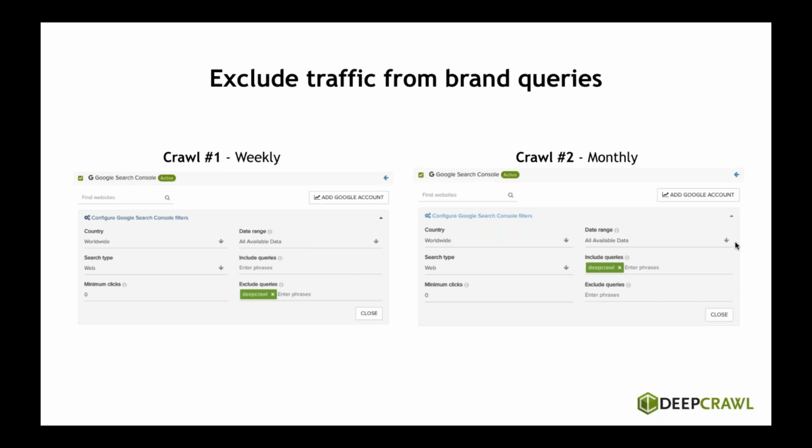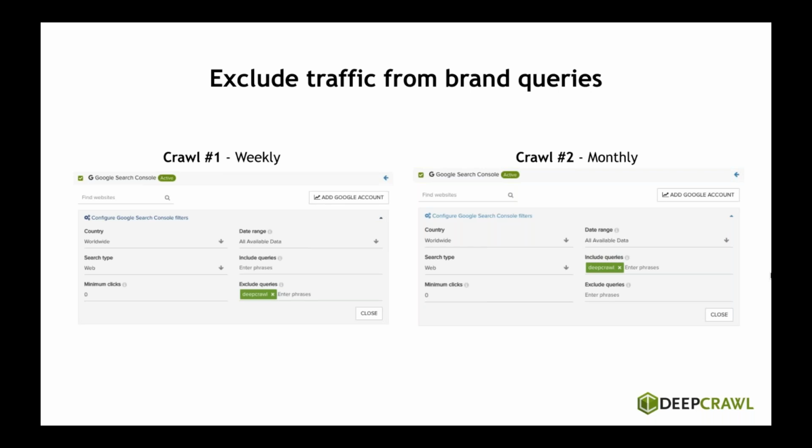Another thing, and this is one of the things I mentioned during the setup, is using the exclude and the include rules to essentially customize 2 different crawls. This is one of the use cases that I'm presenting here: 2 crawls. One excludes your brand queries, so you want to pick out any traffic that you're getting from non-branded queries.